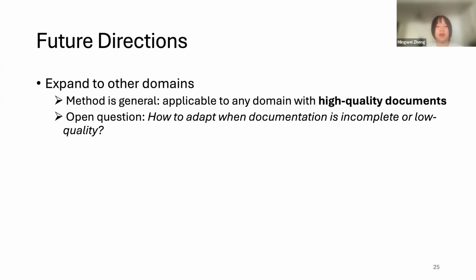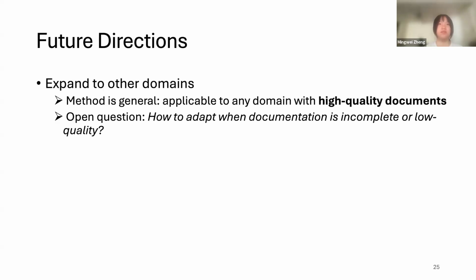there are still some future directions we would like to explore to improve this technique. The first is to see how this technology can be expanded to other domains. As we have seen, the method itself is general. It can apply to any domain as long as the domain has very high-quality documentation. It need not be RFCs.